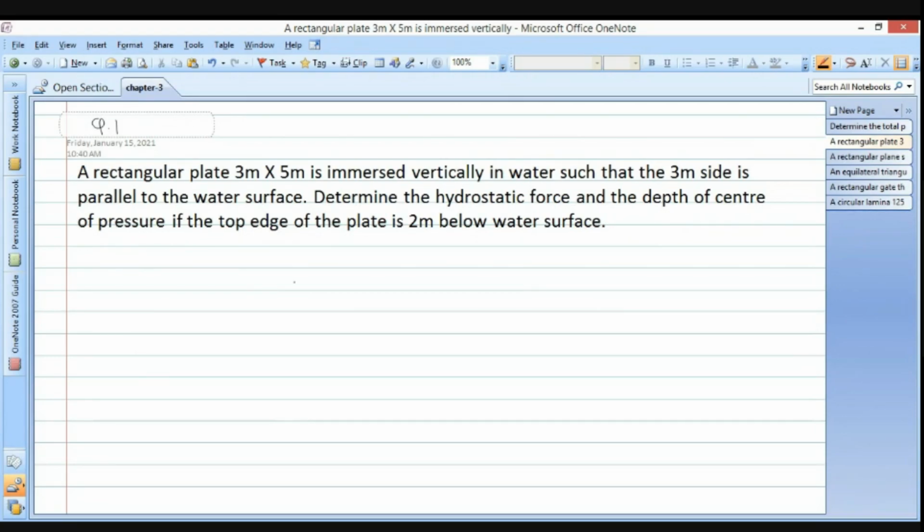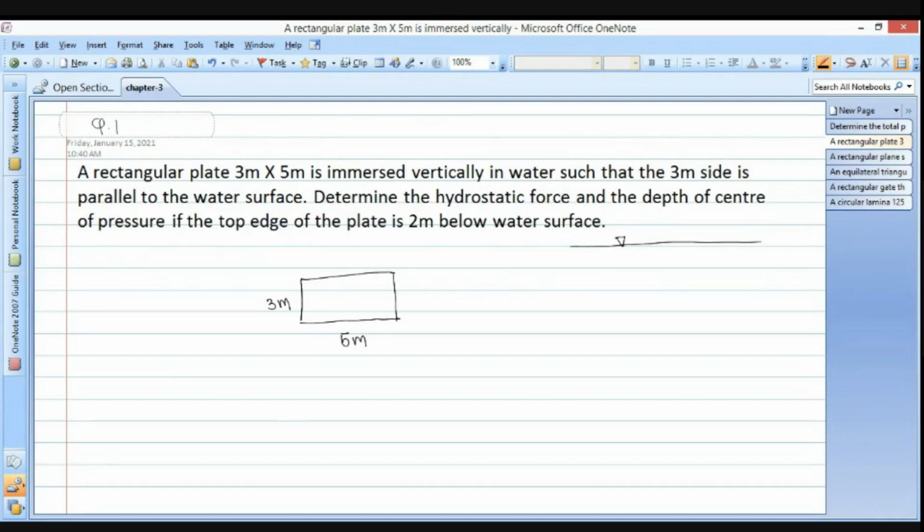So here we have one plate, which is a rectangular plate. Let's say it is like this. This is the 5 meter side and this is the 3 meter side. Now the orientation is given. Suppose I am taking this surface as my free surface.